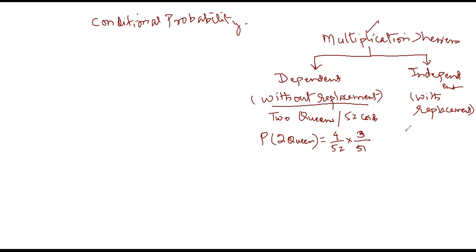But if it is with replacement, the same question is asked: find the probability of taking out two queens from a well shuffled pack of 52 cards.